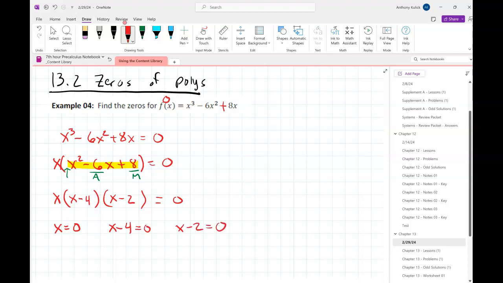Everybody okay there? Now x equals 0, well that's a solution right there. That's done. To solve x minus 4 equals 0, what would we do? Excellent. So x equals 4 is another answer. And then our third answer would be x equals 2.